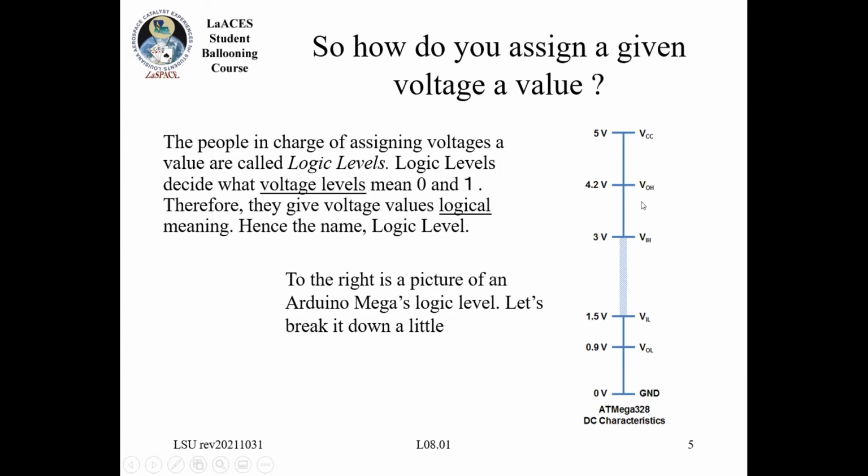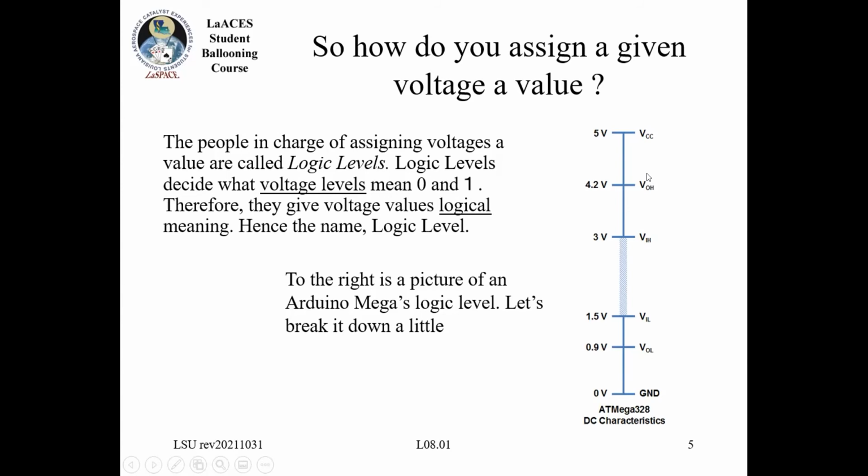But then you're going to see these other 4 symbols, VOH, VIH, VIL, VOL. What these are is they are either the minimum or maximum values for that to be considered a high or low, on the input and output, right? So VOH is the voltage output high.